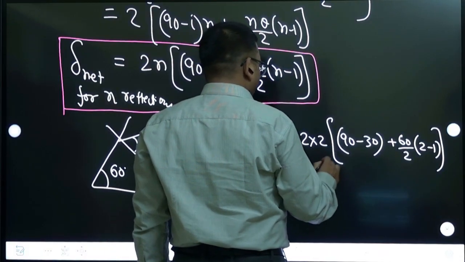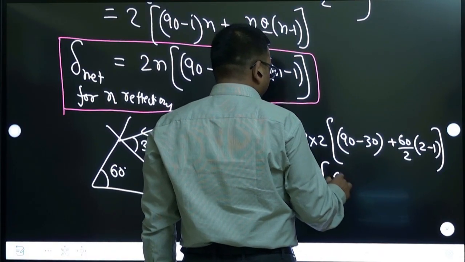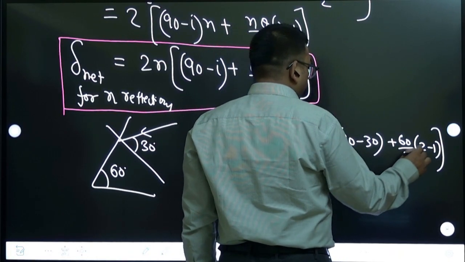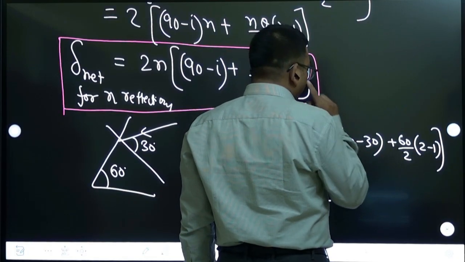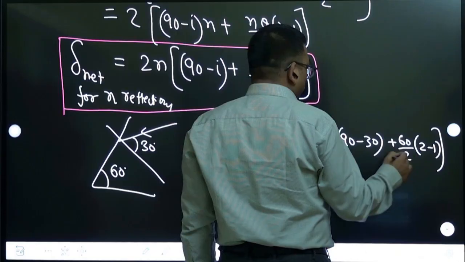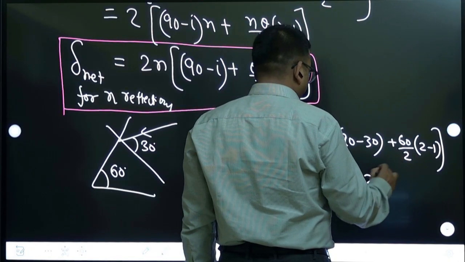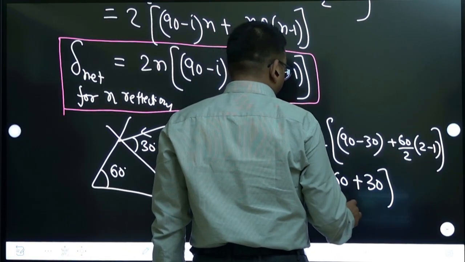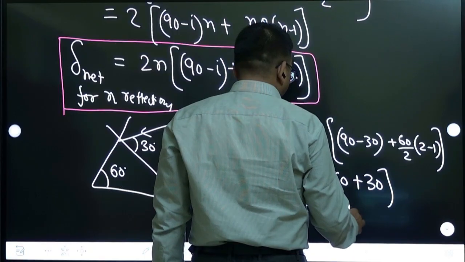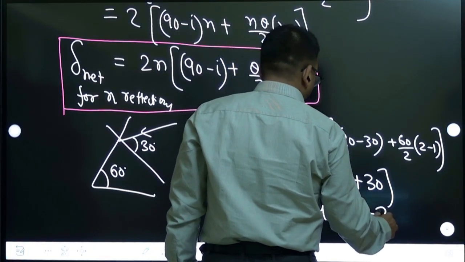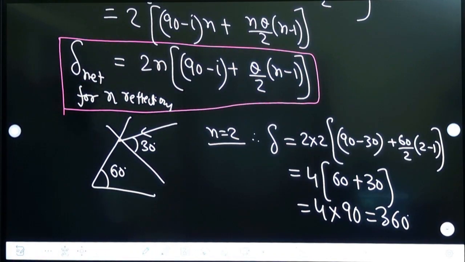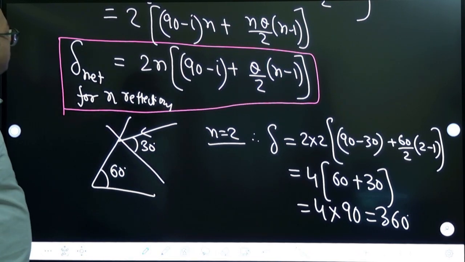This is 4. 90 minus 30 is 60, plus this is becoming 1, 1 will get cancelled, half is coming, 1 by 2, so this is becoming 30. 4 into 60 plus 30, 90, 90 into 4, 360 degree it is coming. For two reflections it is coming like this. Is this correct or not?